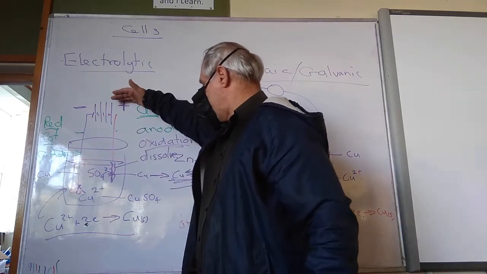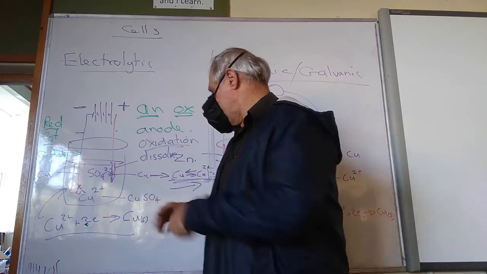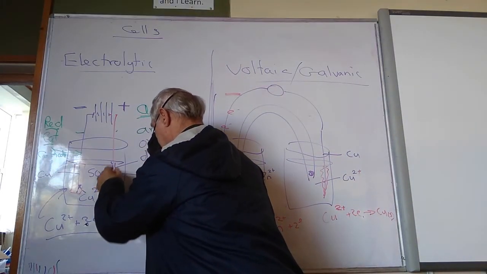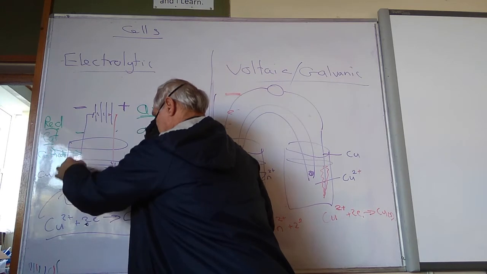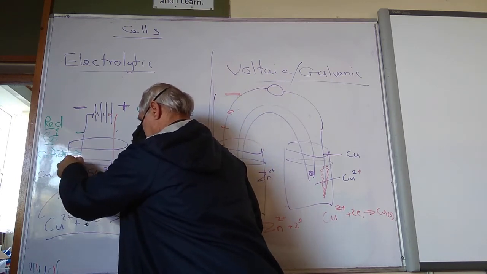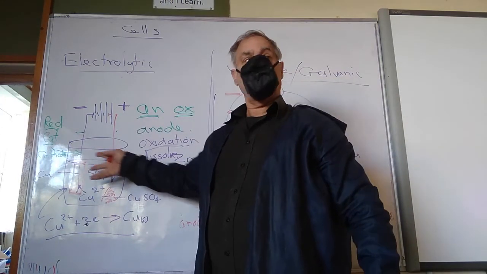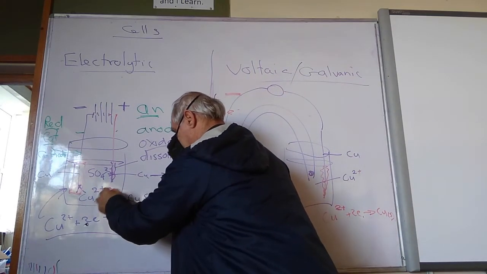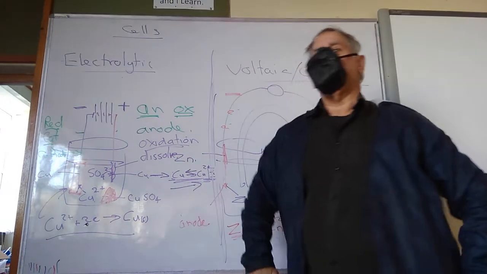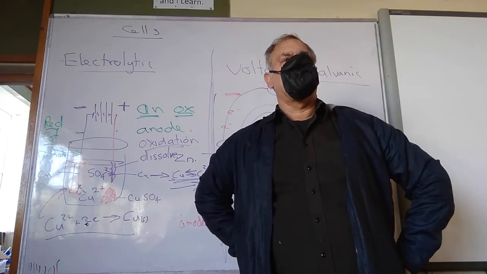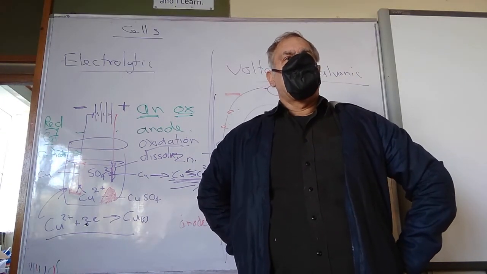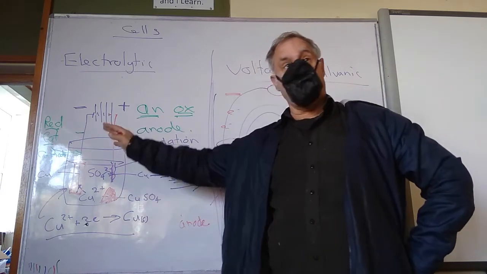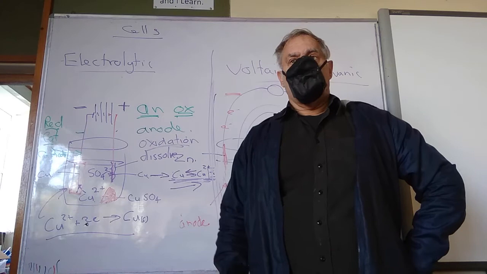You apply a current, the ore dissolves, all the junk falls to a little pile on the bottom here, and copper keeps plating onto this electrode, and so you go from impure copper to pure copper, and a pile of slag at the bottom. Make sense? So they use electrolysis to purify stuff.